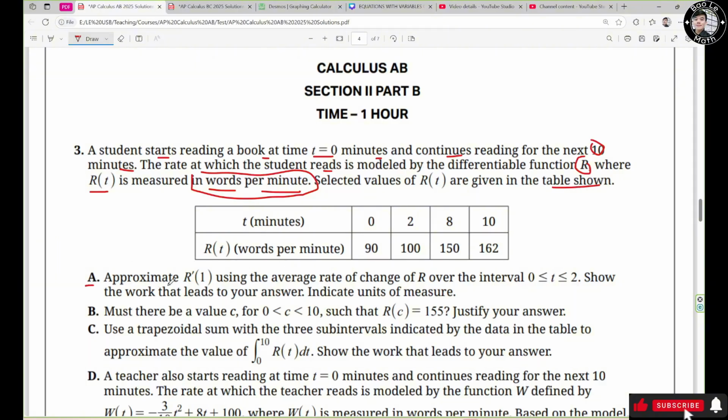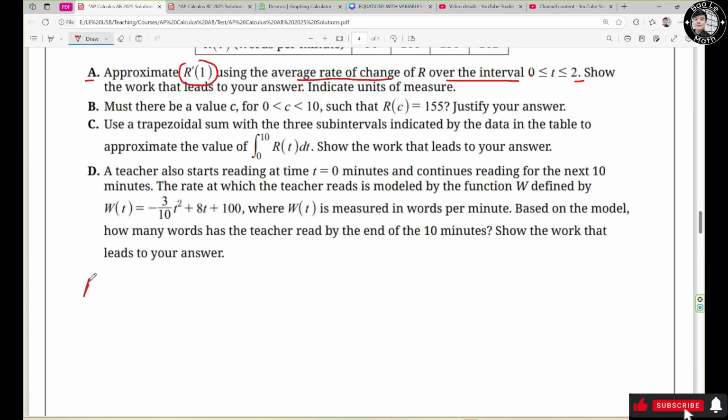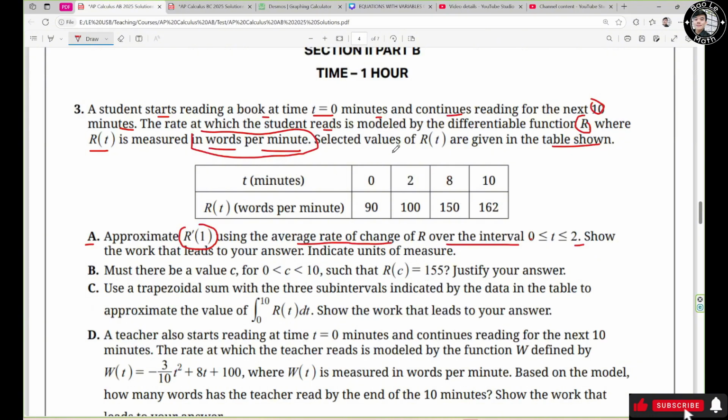Question A. Approximate r prime of 1 using the average rate of change of r over the interval 0 to 2. Alright, now you have question A using average rate of change, right? So r prime of 1 equals r of 1 right here between 0 and 2.